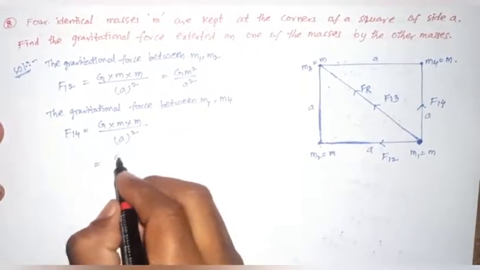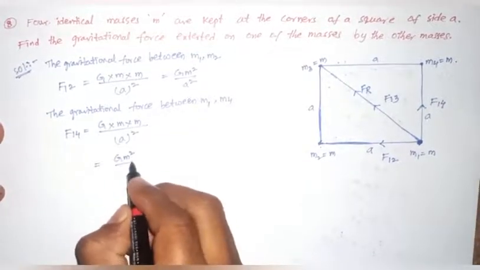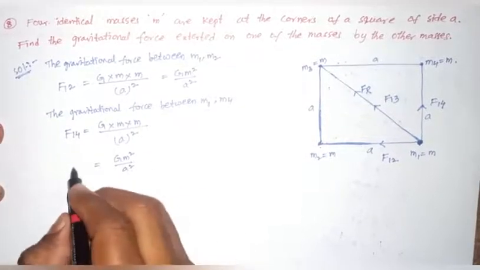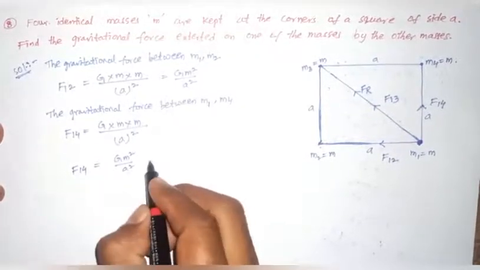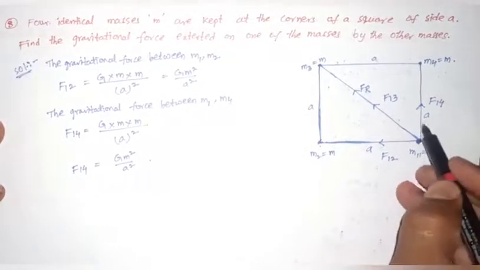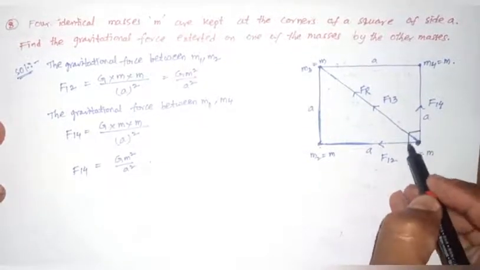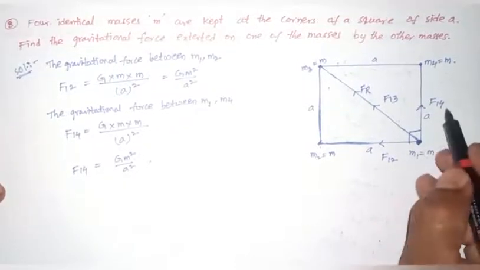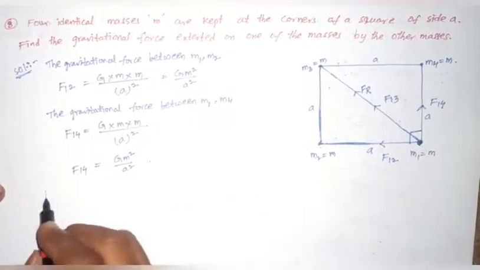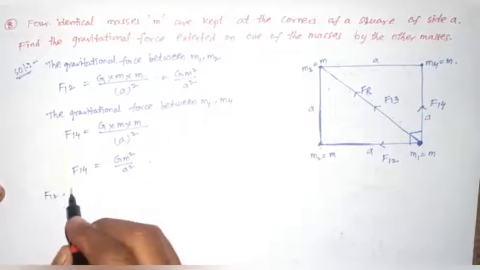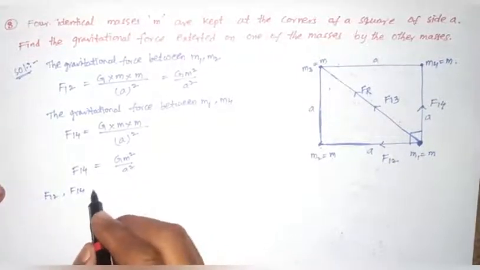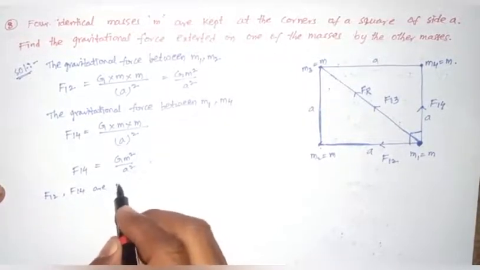That equals G m square by a square. These forces F12 and F14 are perpendicular to each other.